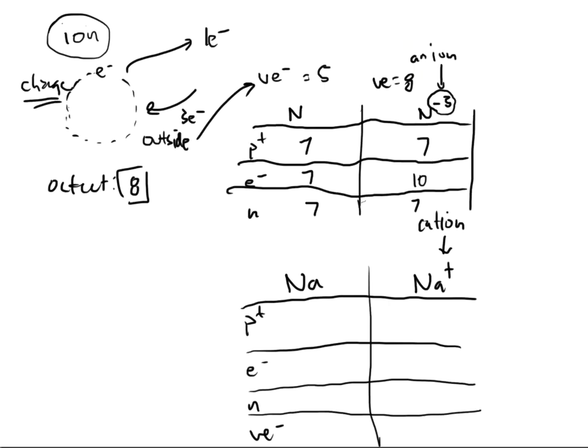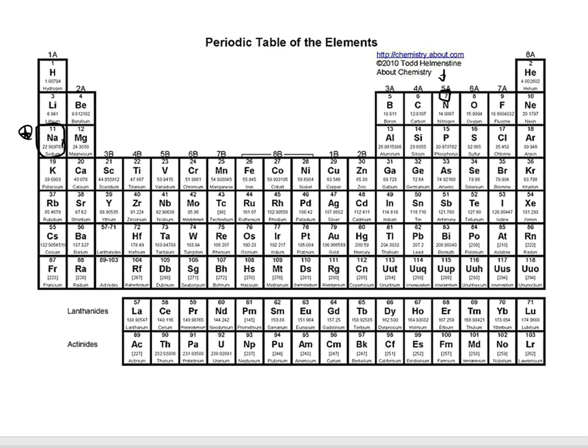So I automatically know that sodium, normal sodium, has 11 protons and 11 electrons, just by looking at that number. If I want the neutron number, well, this was 22.98. Let's round that to 23.